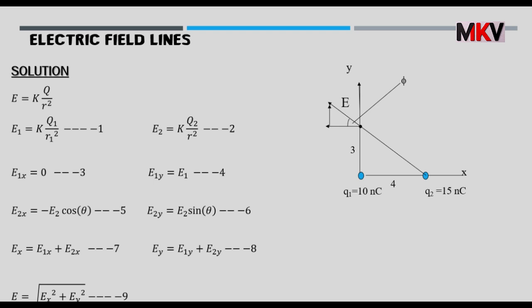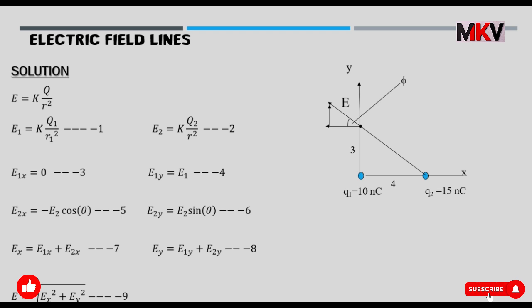Now, after resolving each electric field, we sum up the x component and the y component. So our Ex will be equal to E1x plus E2x, and our y component will be equal to E1y plus E2y.